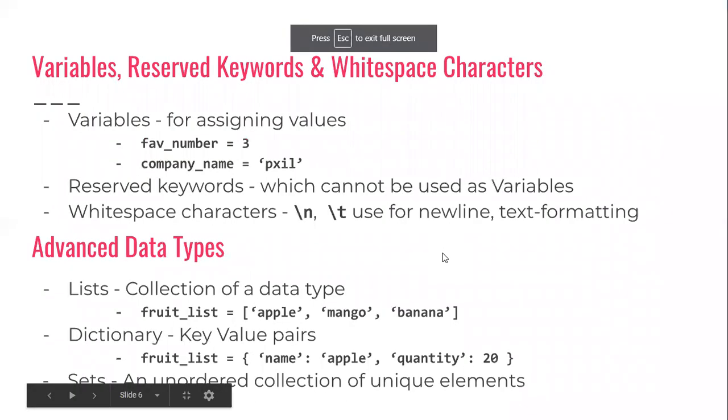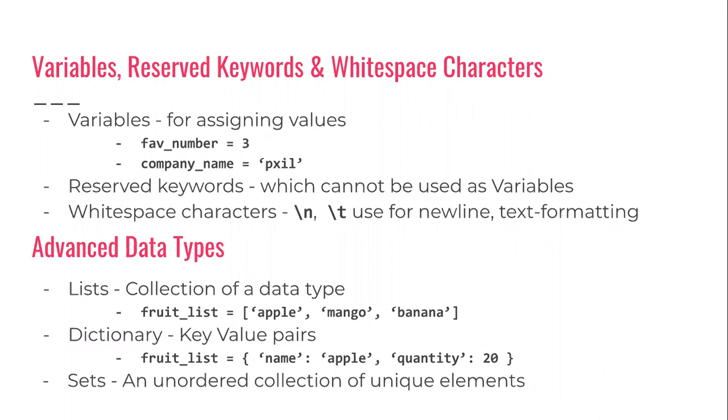So we have variables, reserved keywords, and white space characters. So what are variables? Variables are simply, it is also a data type, but it holds value of another data type. Variables are assigned values from different classes, I mean different types of data types.